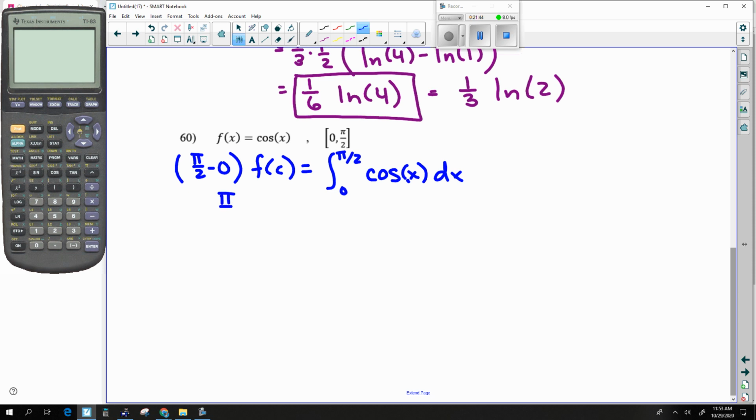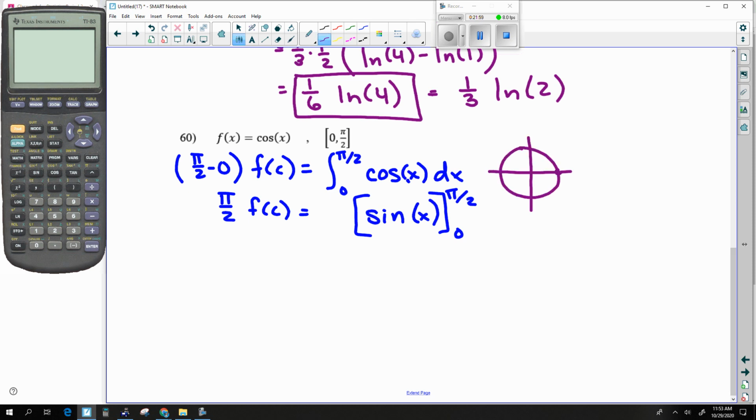So this is pi over 2 f of c, and this is going to be a regular sine from 0 to pi over 2. Unit circle.